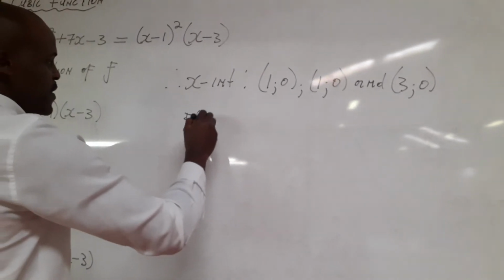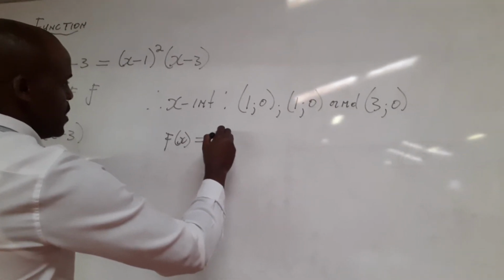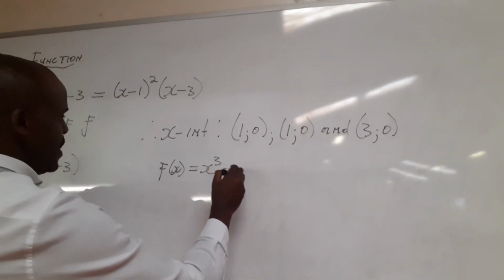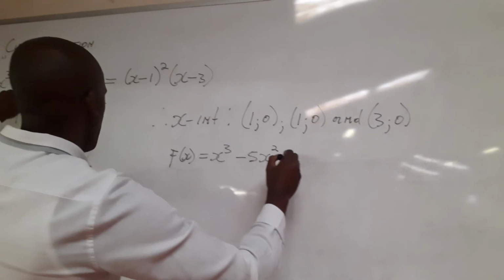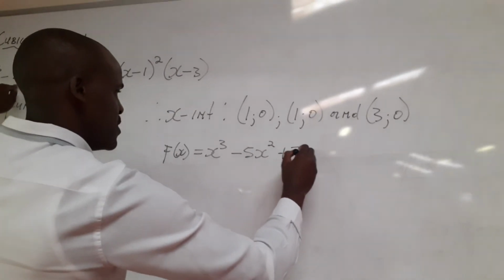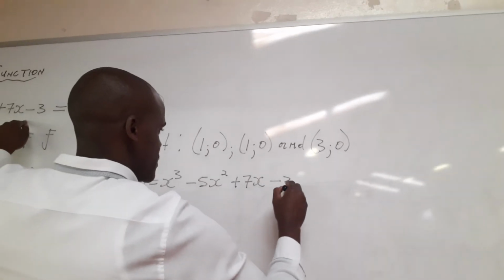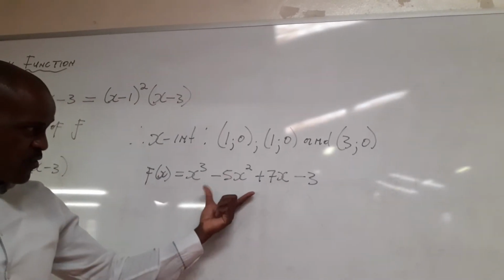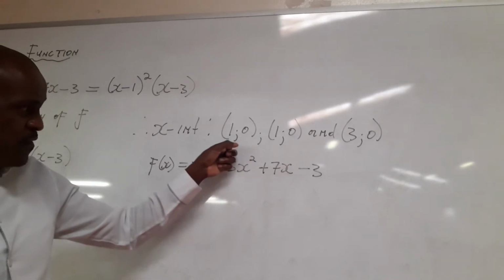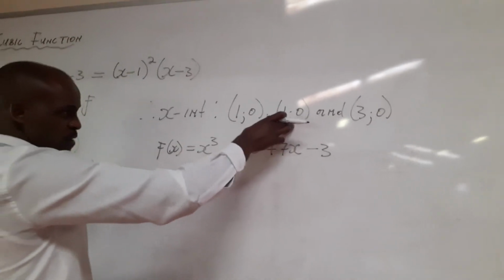Stationary point. f at x equals x cubed minus 5x squared plus 7x minus 3. Noticing that in this function we have two equal roots, that means we are going to have a turning point there.